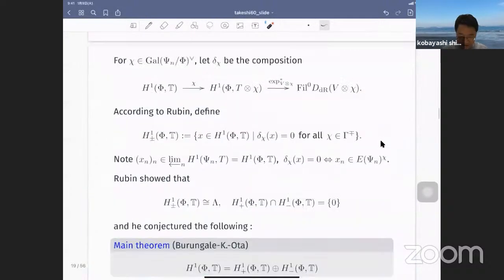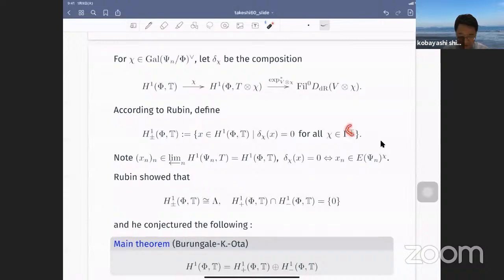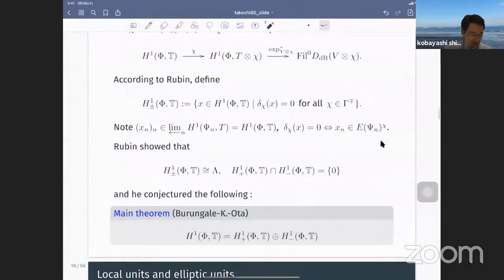So this index is actually the index of the local root number. If we believe the local version of the parity conjecture, and the local root number is -1, we expect some local point. So some local point will be related. So it's a kind of local parity or BSD equivariant version.